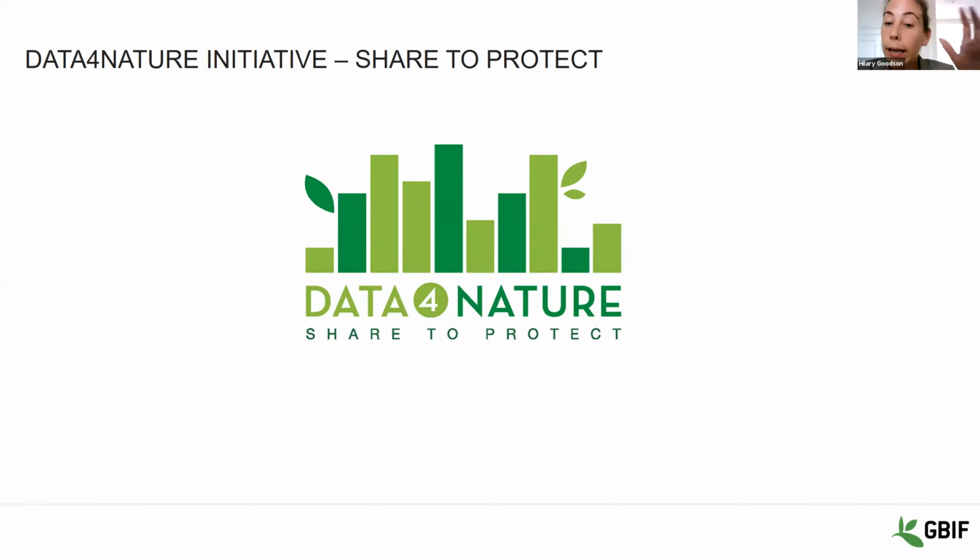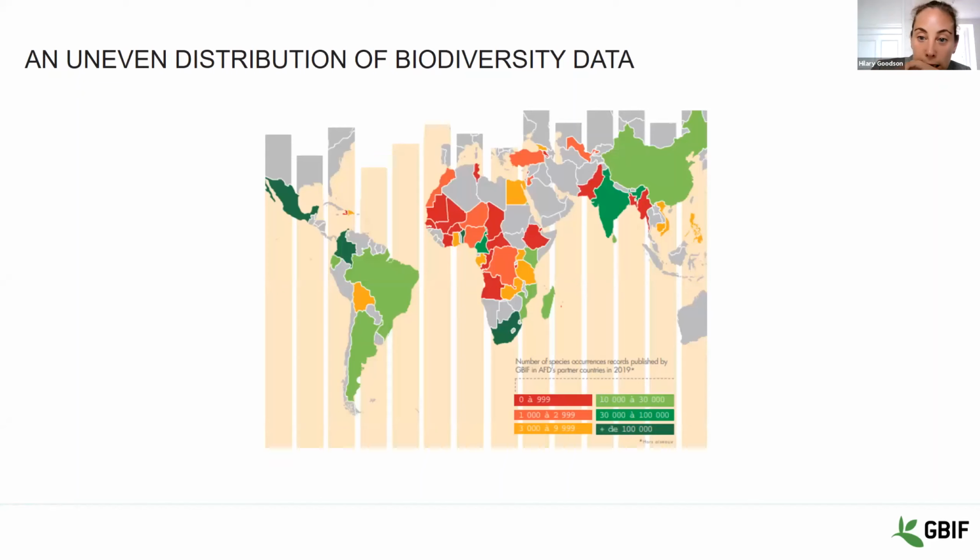So AFD, in building up to this Data for Nature initiative, estimated that their community were generating around 300,000 primary biodiversity data items, field observations, a year. And many of those are in developing countries whose biodiversity is especially rich, but where evidence and assessments can be more limited.